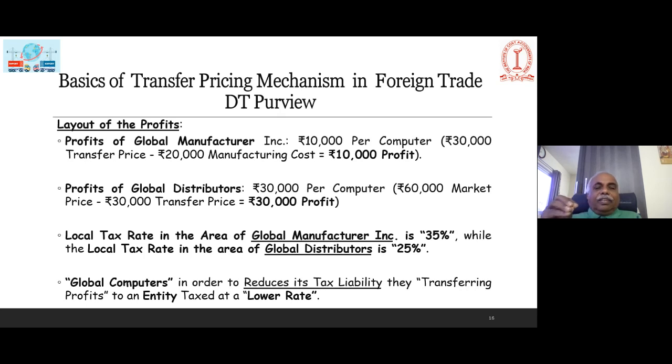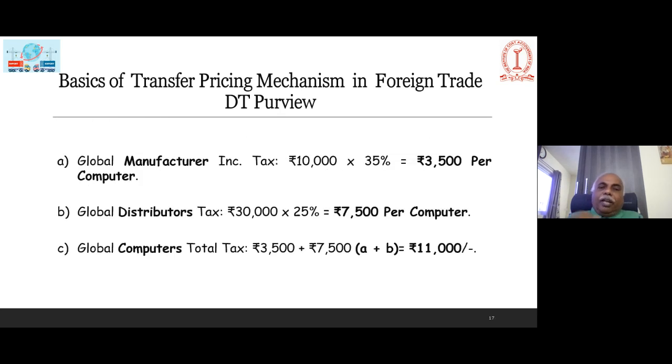The manufacturer is in a high tax area and the distributor in a low tax area. The manufacturer's location has 35% tax on profit, while the distributor's is 25%. To reduce its tax liability, the group transfers profit to the low tax entity.